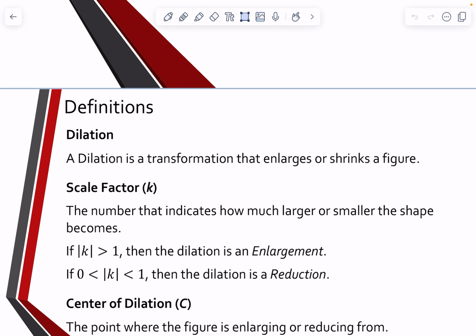If the absolute value of the scale factor is greater than 1, then the dilation is an enlargement. It is going to get bigger. So the pre-image will be smaller than the image.